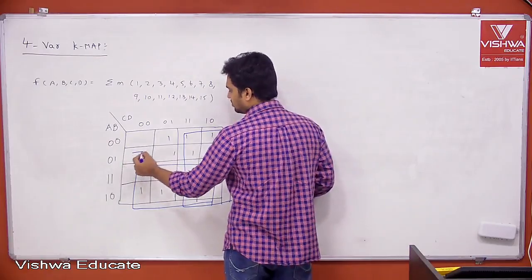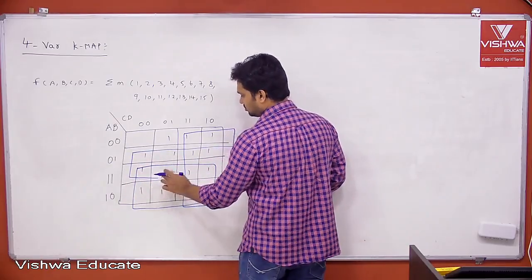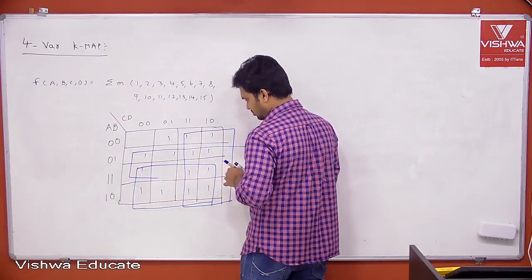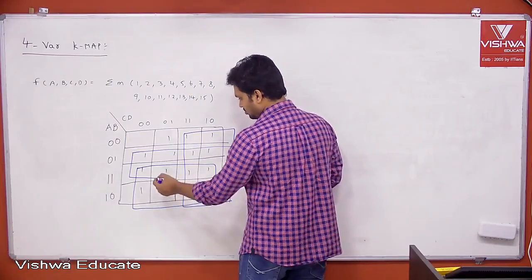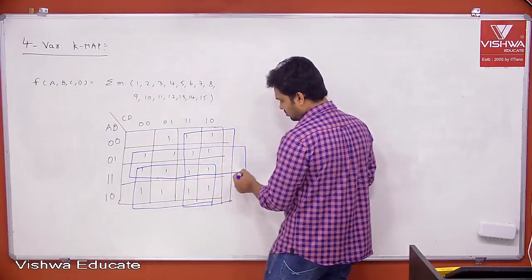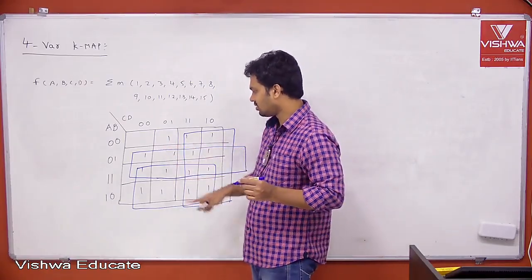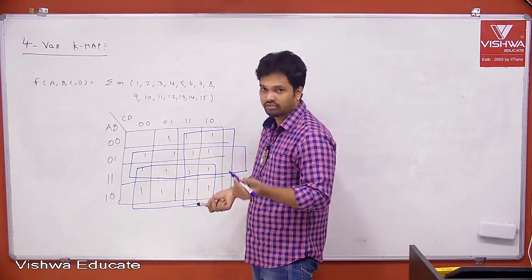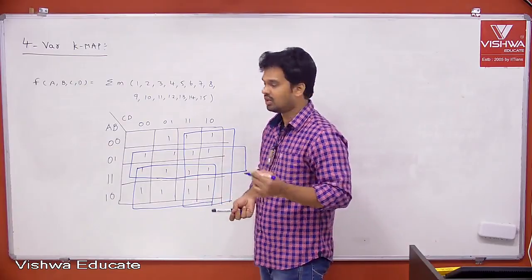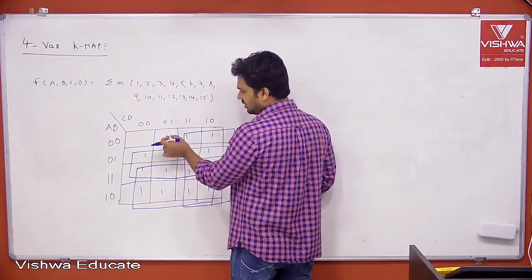Yes. Lastly, this one is left over. You have different choices. You may take the one singly, pair, quad or octet. Always go for the highest possibility. Because if you take a single one, why should we go, sir? You understand. Take a single one.